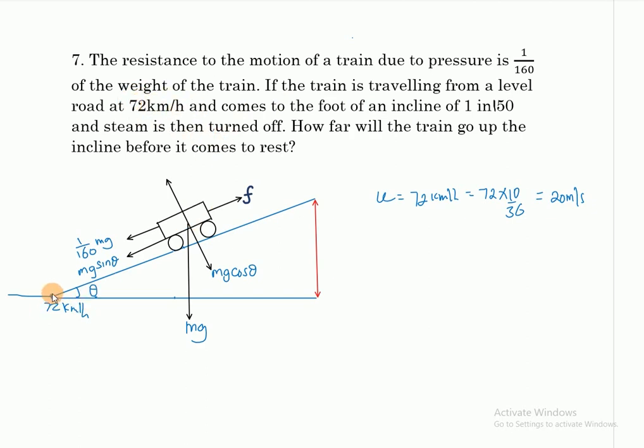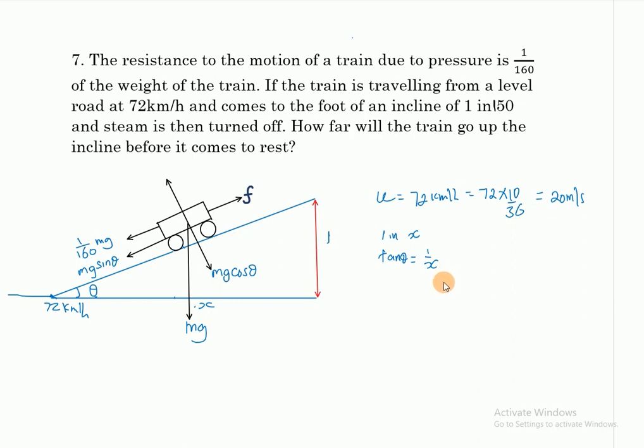It is the speed at the point when the train is starting the ascent, and they say that the incline is of 1 in 150. Remember when we talked about an incline of 1 in x, we saw that tan theta is 1 over x, opposite over adjacent.